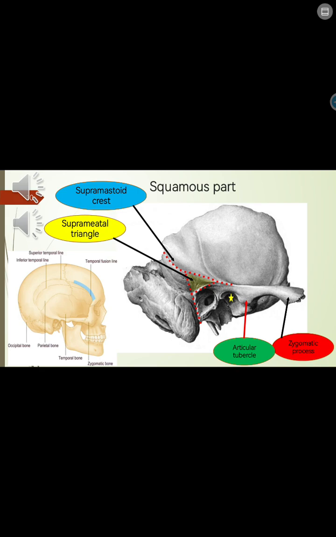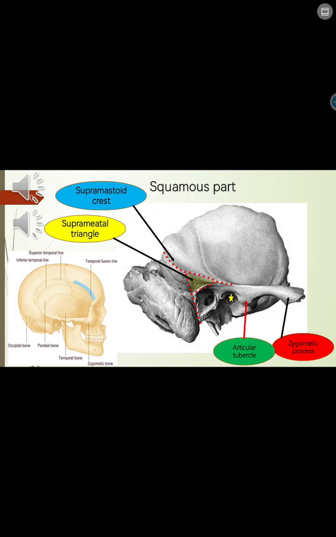This triangle is important for surgeons because this is the approach to the mastoid antrum when we have a patient that has an infection in middle ear or mastoid antrum, and we should perform some interventions for this kind of patient.